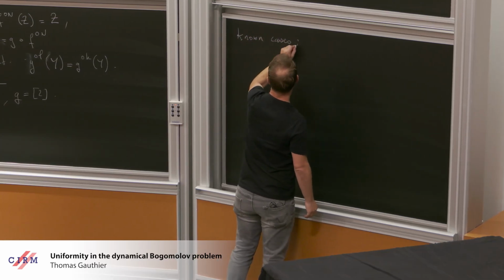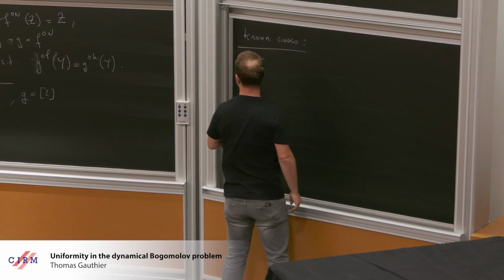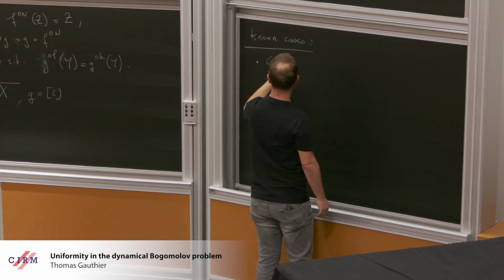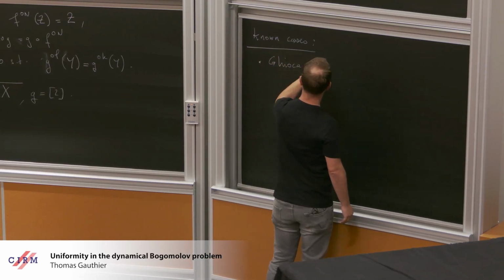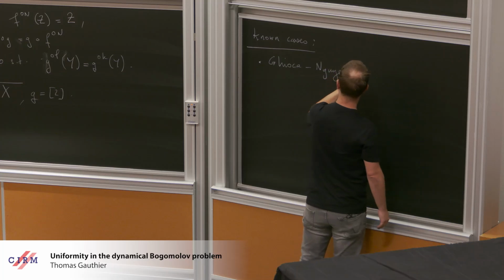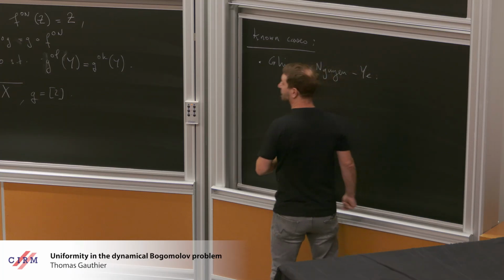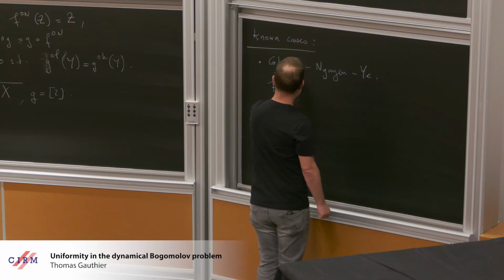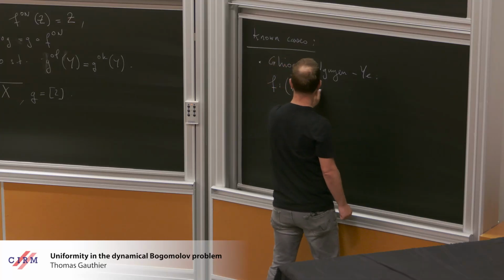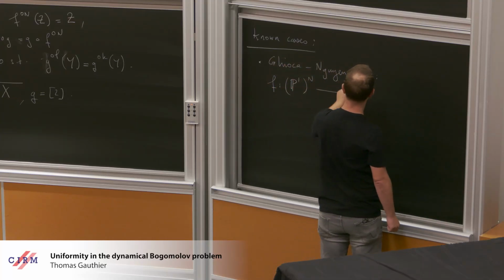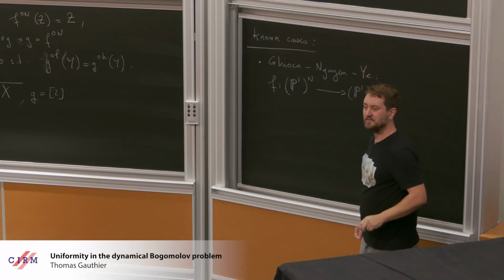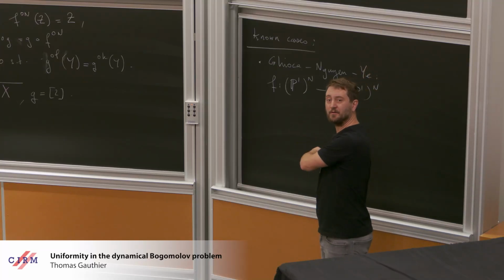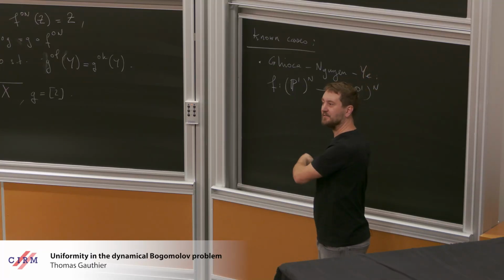The first one is Ghioca, Nguyen and Ye, where they study maps from a product of projective lines to itself, where you have rational maps of P1 acting diagonally.